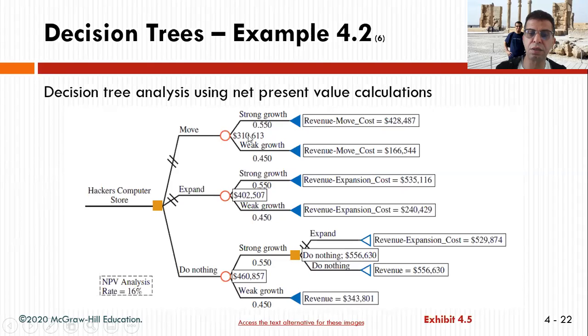And once you add these together, when you multiply this by this and this by this, you add them together, you get 310. The expanding becomes 402, which is revenue coming from expansion minus the cost, and revenue expansion minus the cost in case of weak growth.